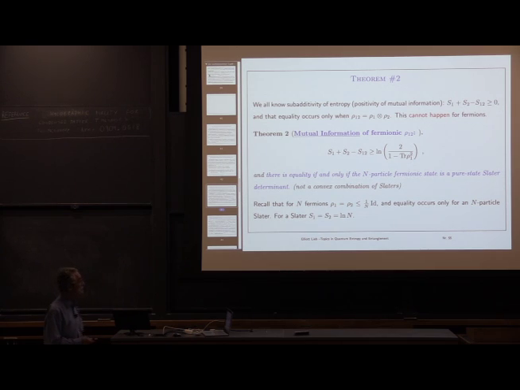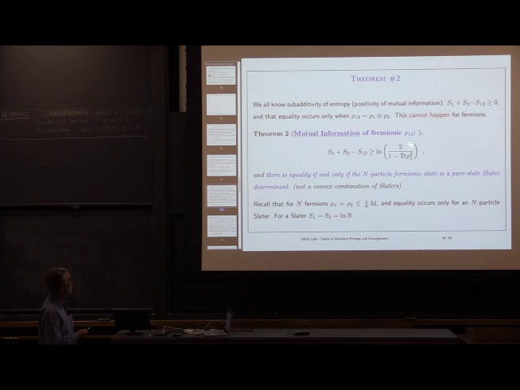You can't have a simple product. So I look at the minimal mutual information for a fermionic rho 1, 2. How small can this be? And the statement is, it's at least the logarithm of 2 divided by 1 minus the trace of rho 1 squared, whatever that happens to be.